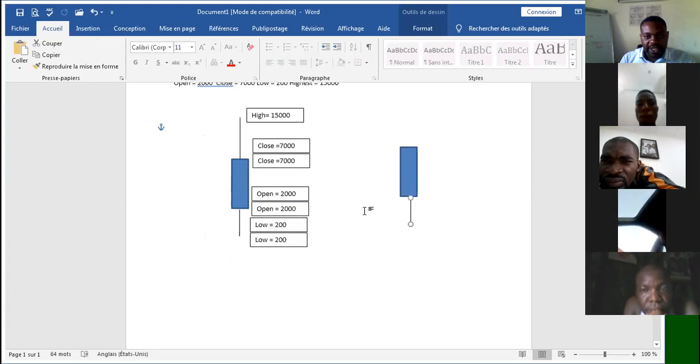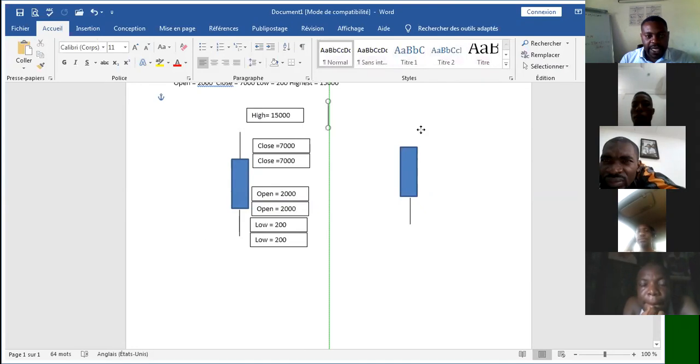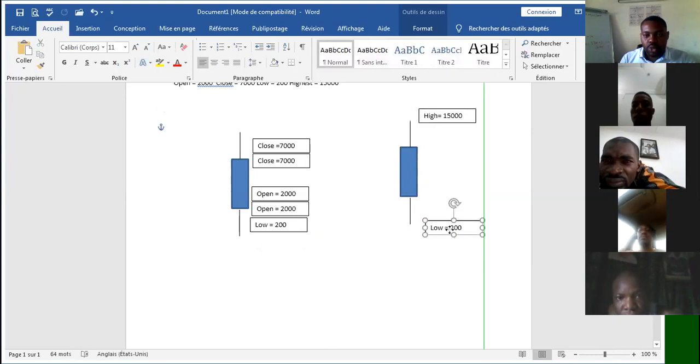Okay, what you see now is that we'll just change the open and the close price. That's all we are going to do. We're just going to change the open and the close price, and it's going to give us a bearish candle. What do you notice? You notice that the high price and the low price do not change. The high price is still 15,000 and the low price is still 200.